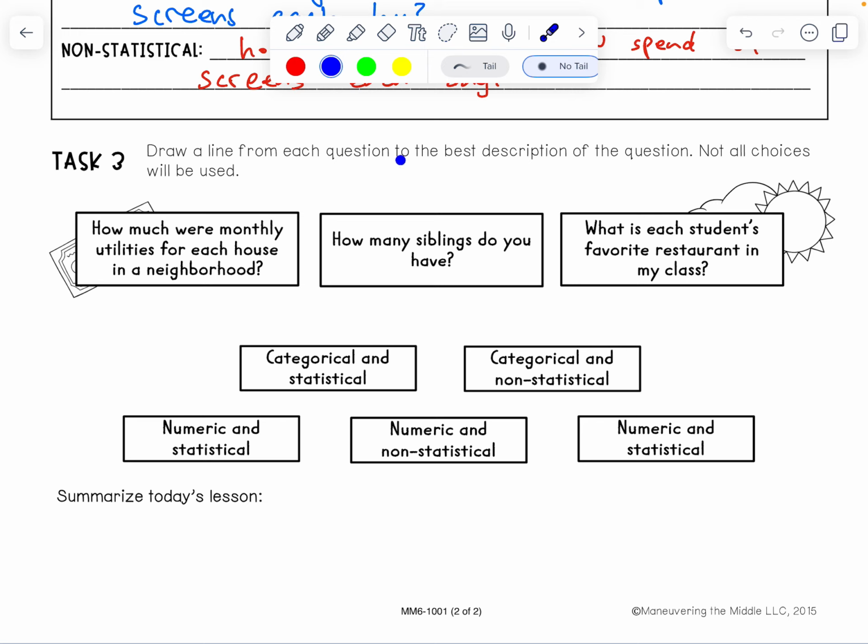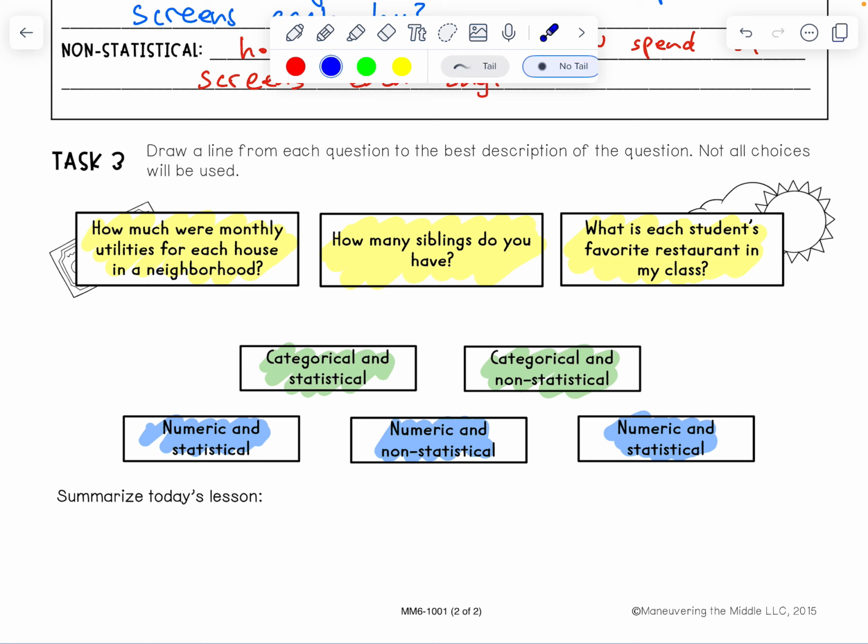It says, draw a line from each question to the best description of the question. Not all choices will be used. So my 3 questions are right here, and I need to connect them to the sections below. So you need to connect it to the stuff below it.